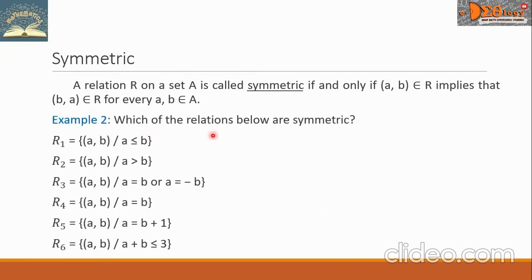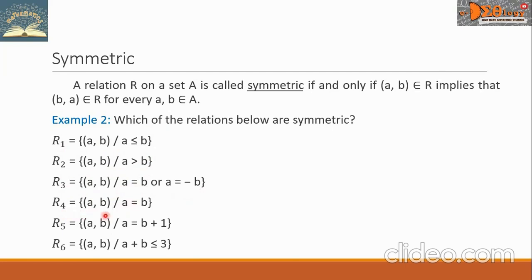Example 2. Which of the relations below are symmetric? Relation 1: the ordered pairs (a, b) such that a is less than or equal to b. Relation 2: the ordered pairs (a, b) such that a is greater than b. Relation 3: the ordered pairs (a, b) such that a equals b or a equals negative b.